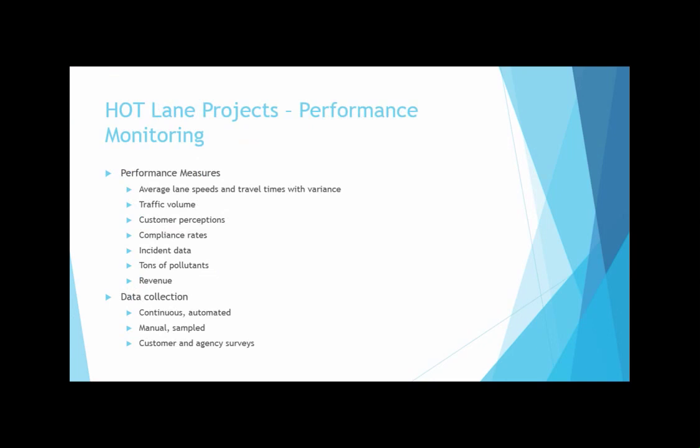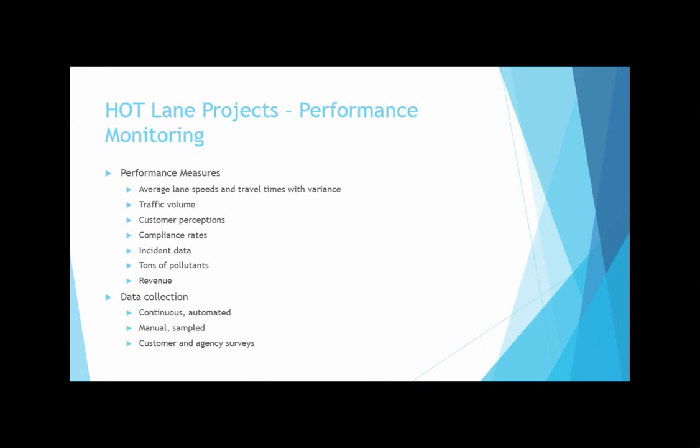Other performance measures can include average lane speeds, travel times, the variance of both, traffic volumes, customer perceptions, compliance rates, incident data, how many pollutants are in the air, and there may have been revenue goals set. So revenue is also an important performance measure for HOT lane projects.